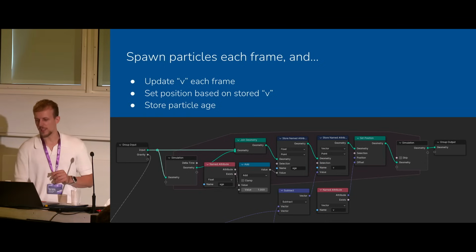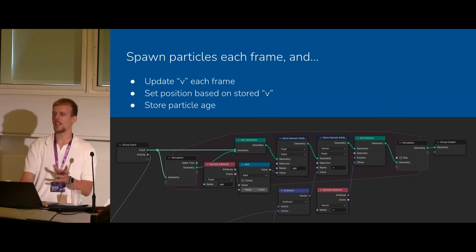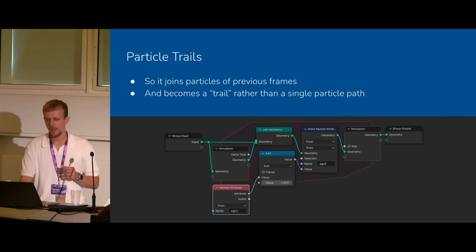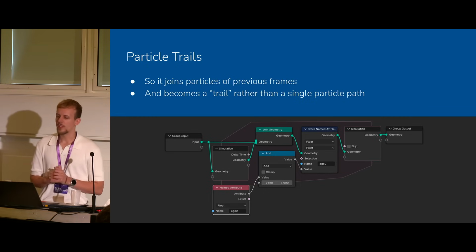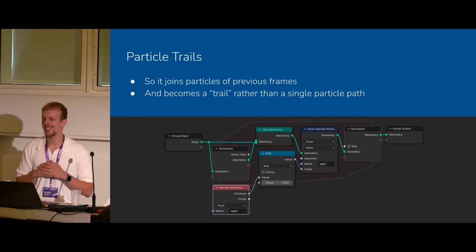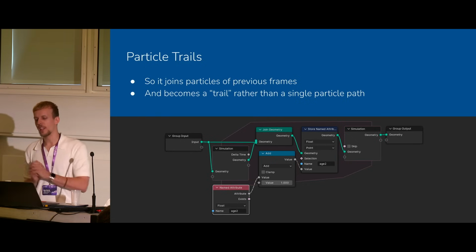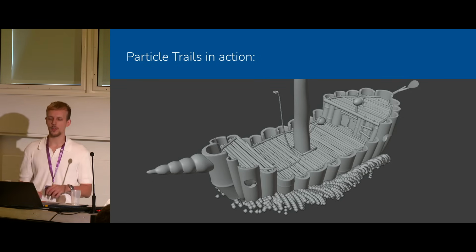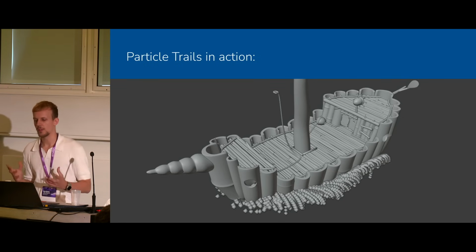And then we just give it that velocity v and we set the position of the particle based on that velocity. Then we do have to convert this to actual trails, otherwise it's just one particle following a path and that's not really what we are looking for. So once again, we just add a simulation zone where we join every single particle of every frame and we end up with more of an actual trail of particles moving away from the boat.